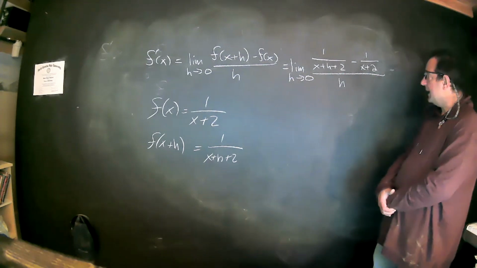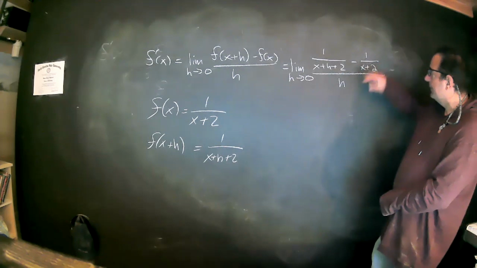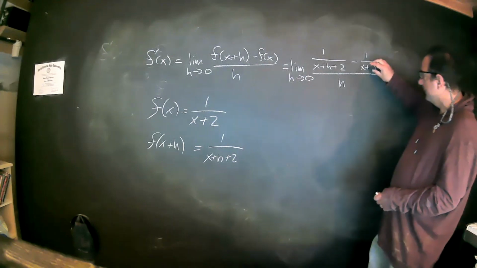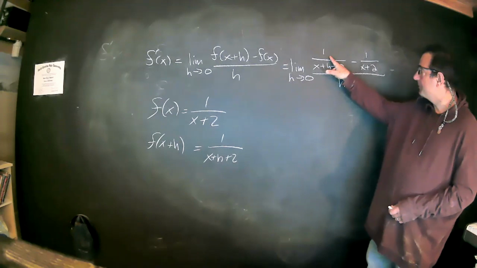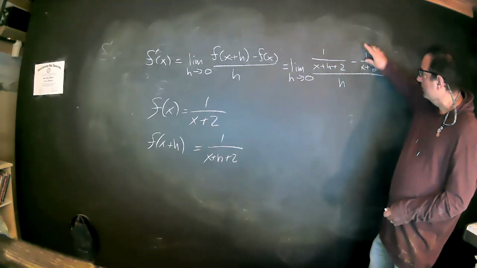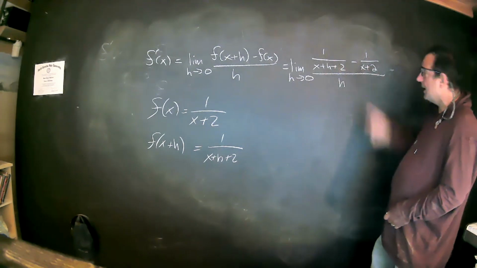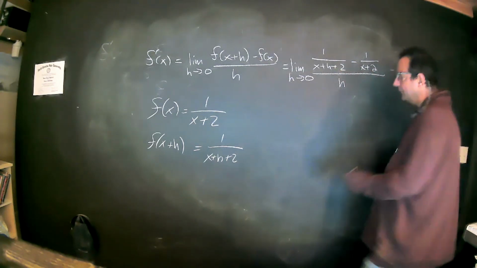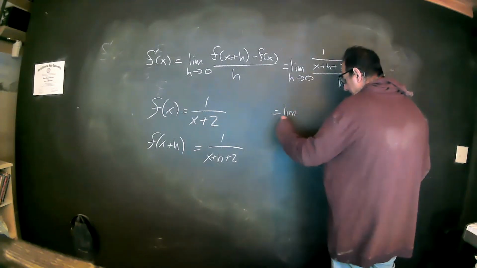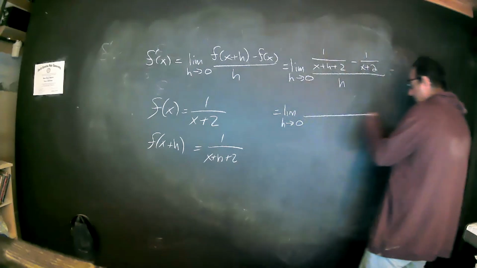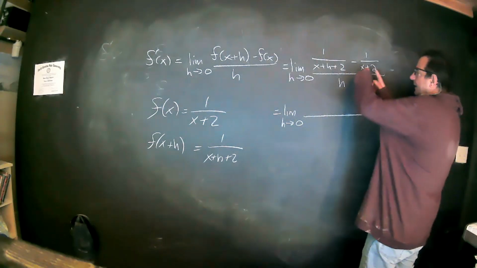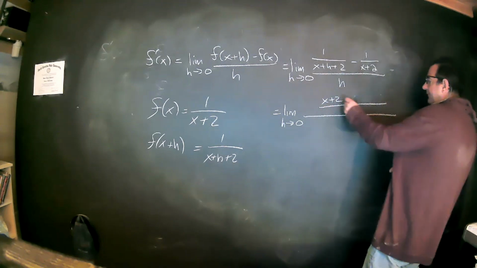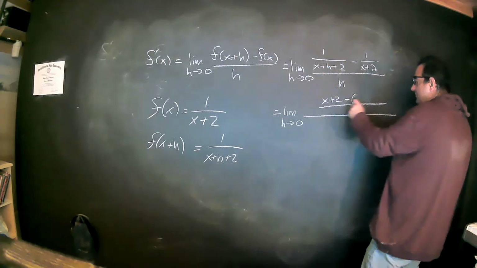For those of you who are fraction phobic, this may look a little daunting, but it's really not too bad. If we multiply the denominators to find the common denominator, this fraction becomes x plus 2 in the numerator over here, minus x plus h plus 2 in the numerator over here, whereas the denominator is going to be the product of these two quantities. So we have the limit as h approaches 0 of a big fraction. x plus 2 is in the numerator, minus x plus h plus 2, which is also in the numerator.